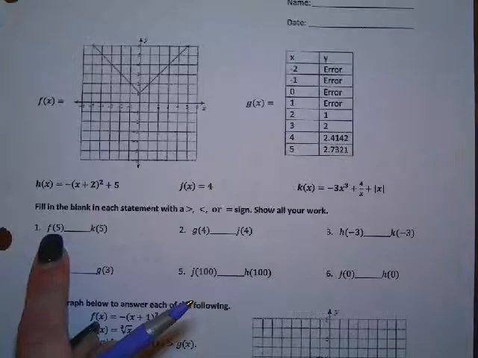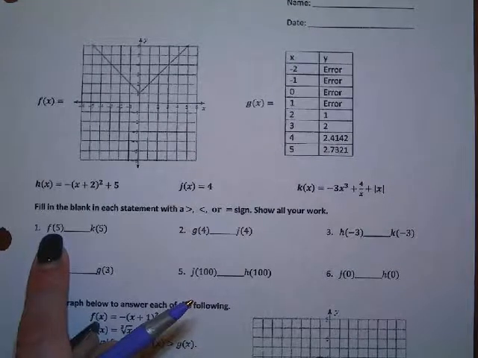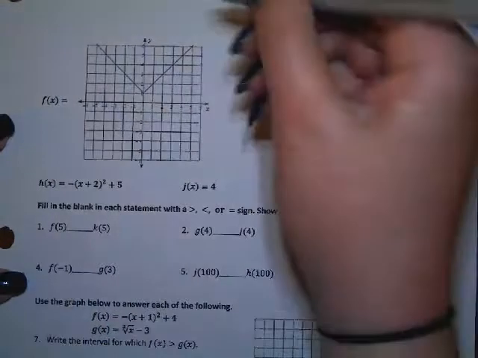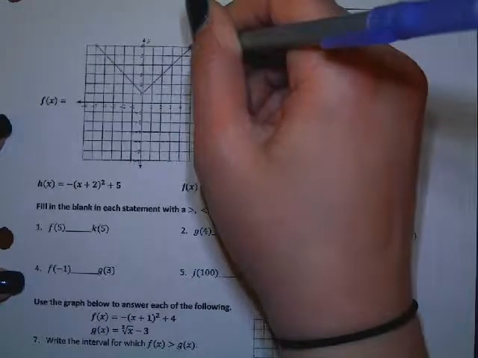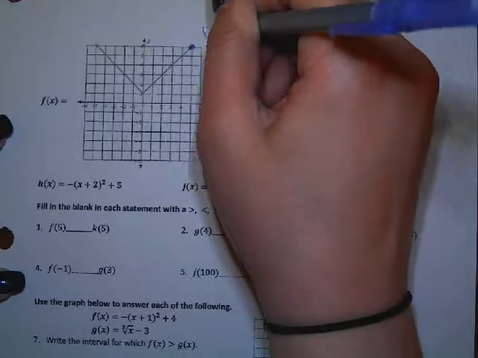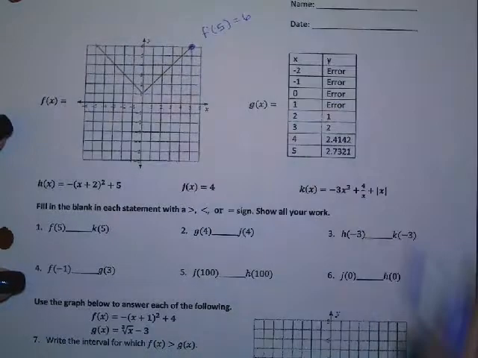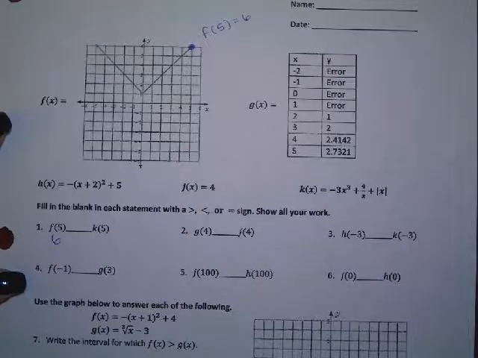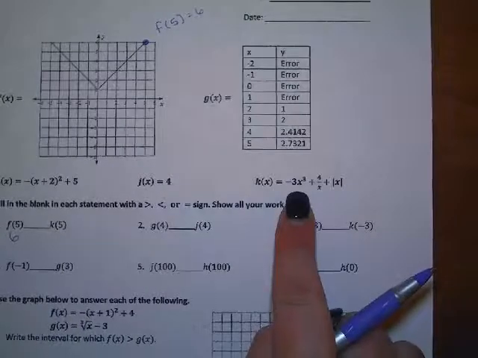Okay, so let's look at the graph. At an x-coordinate of 5, what is the y-coordinate? 6. So let's write up here. So f of 5 is 6.